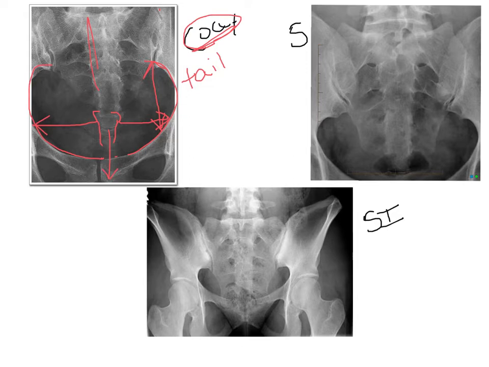We have more space on this side from here to here than we do on this side. So there is some slight rotation, but it is so slight, and we do get a clear view of the coccyx, not superimposed by the pubis symphysis. So this would not be a repeatable error, this slight rotation.